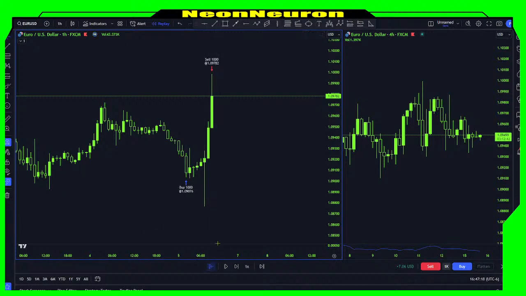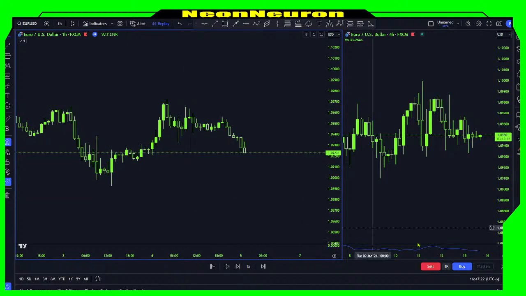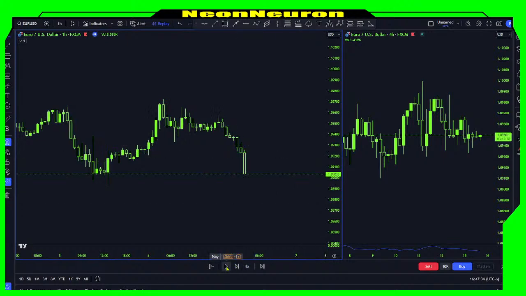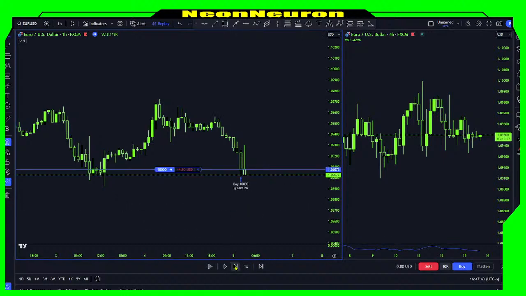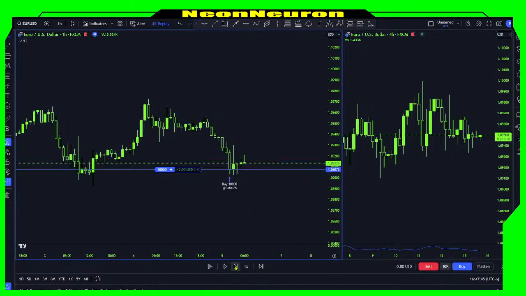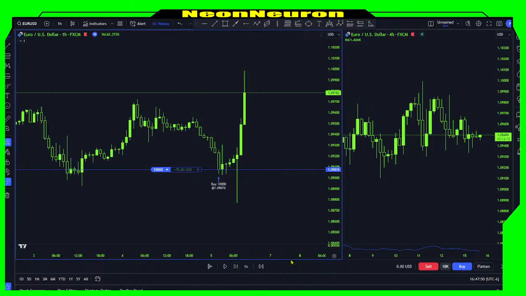Now let's try that again with a mini lot, which is 10,000. So we're going to catch that move. Okay, so we buy here with one mini lot. $30, 40, 90.